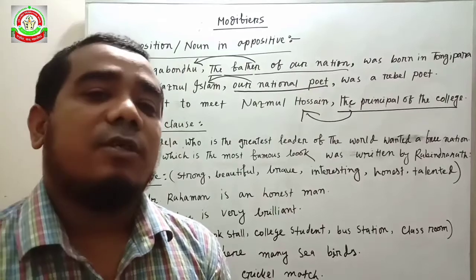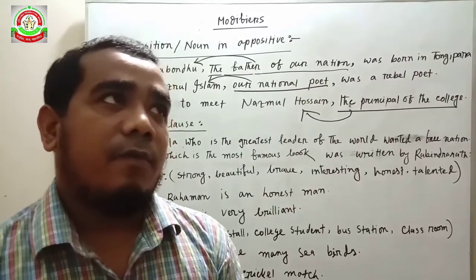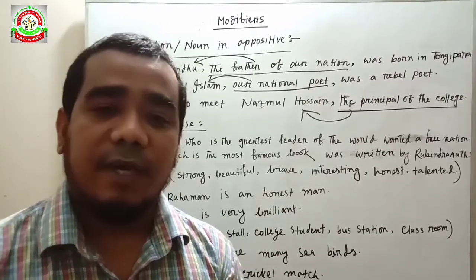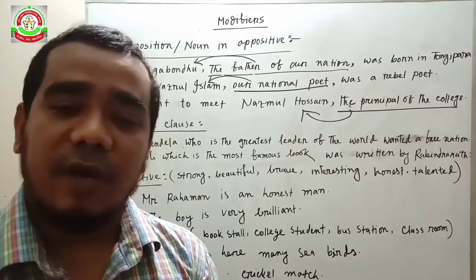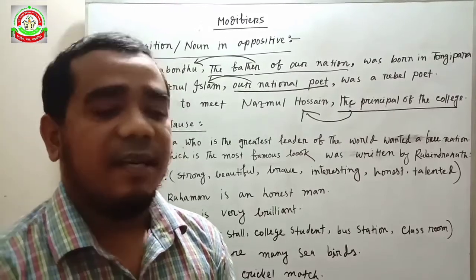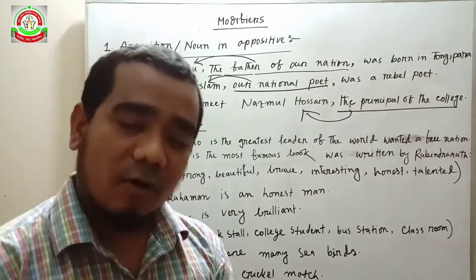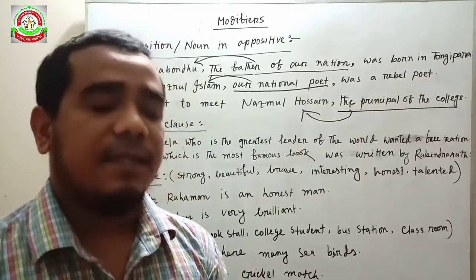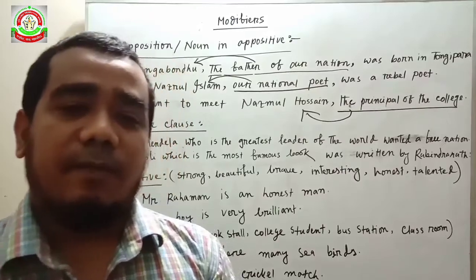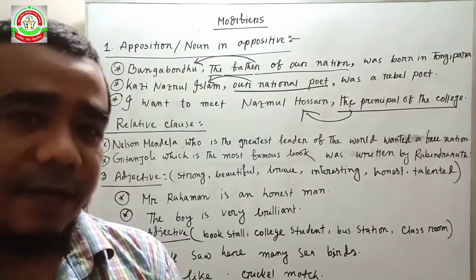A relative clause may begin with who, which, that, when, whose, where. These are the relative pronouns we know. When a relative pronoun makes a clause in a complex sentence, it will be called a relative clause.